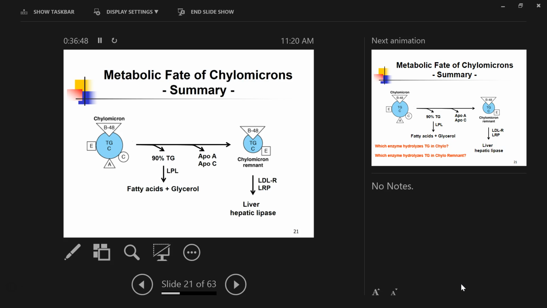And also ApoA and ApoC are released from chylomicron and go back to the HDL. And eventually chylomicron becomes chylomicron remnant, with 90% of triglycerides gone. The chylomicron remnant is then picked up by liver through the LDL receptor mediated mechanism we're going to talk about later in more detail.